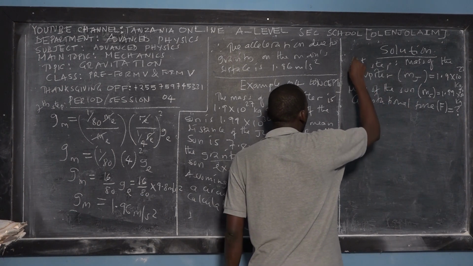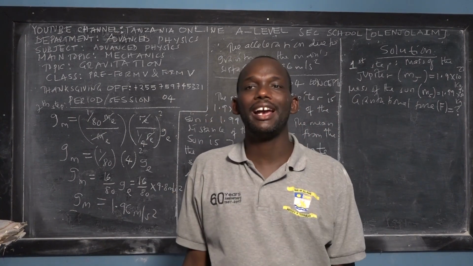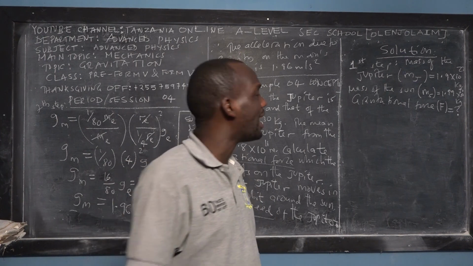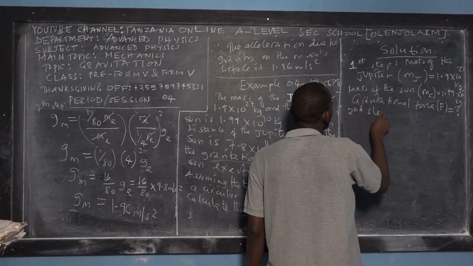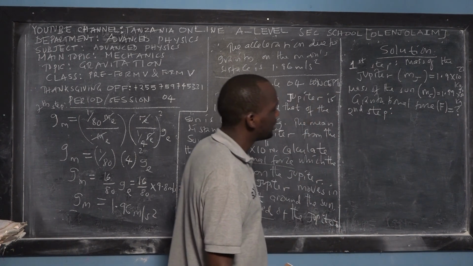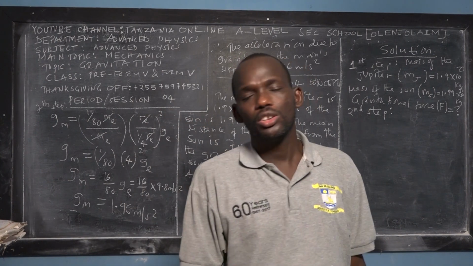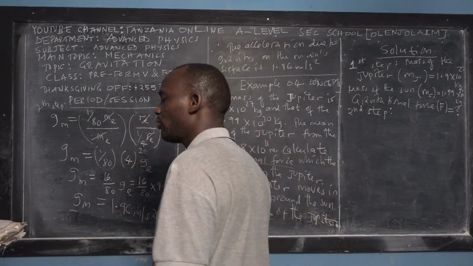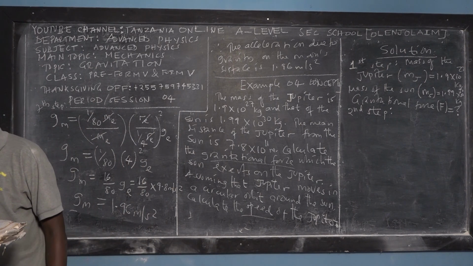Those are the data that we have been given, so we have to use them effectively in order to find what we have been asked to find. The second step now is this. We have a planet revolving around the Sun. The name of this planet is Jupiter. In physics, especially for gravitational problems, whenever we are given some questions, the best way is to draw it.